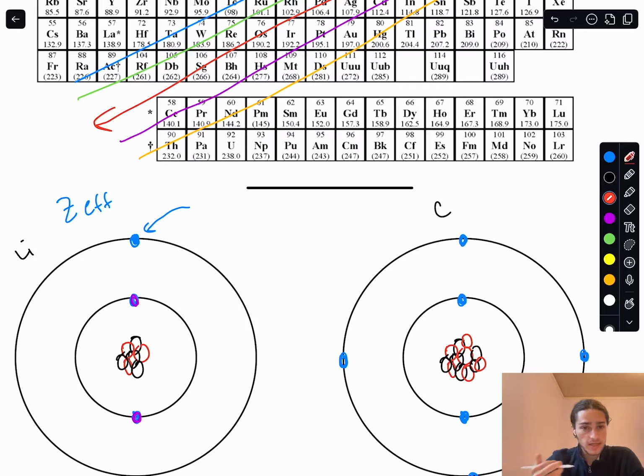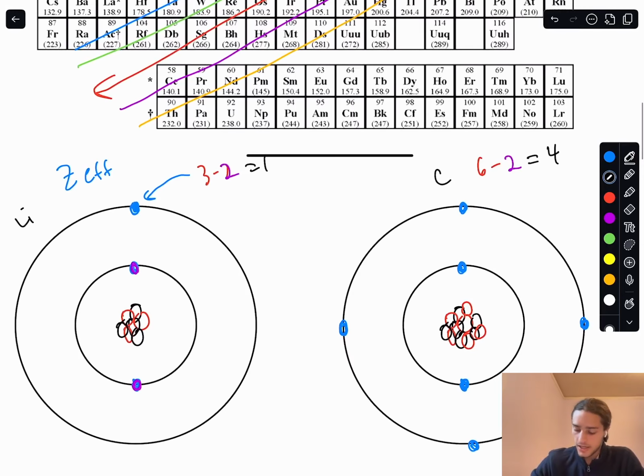So if you add it up, you've got 3 protons pulling in, 2 inner shell electrons pushing away. So you get 3 minus 2 equals 1 for the Z effective of lithium. If we did the same math for carbon, we would have 6 protons minus the same 2 inner shell electrons equals 4. That confirms our trend that it increases across the row.